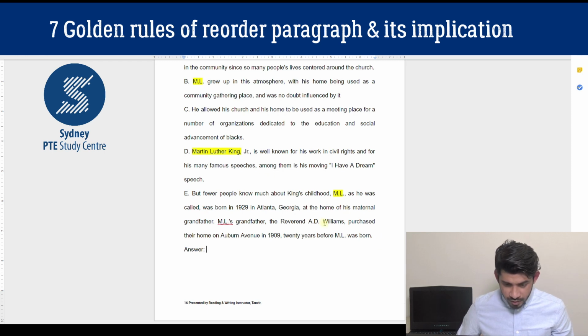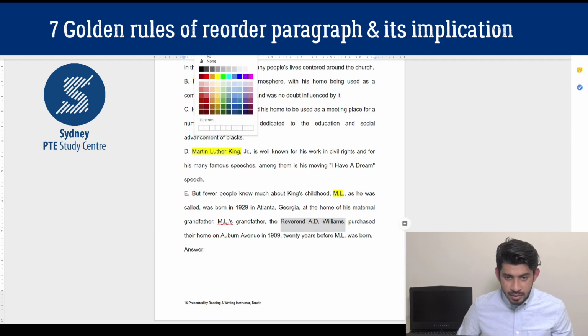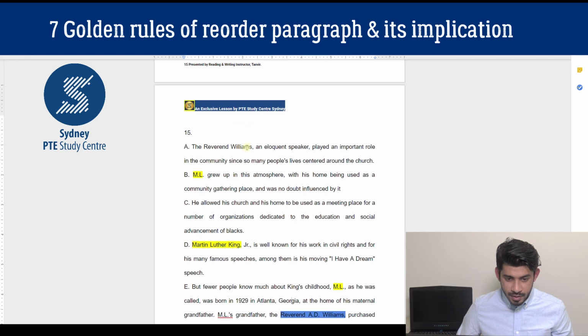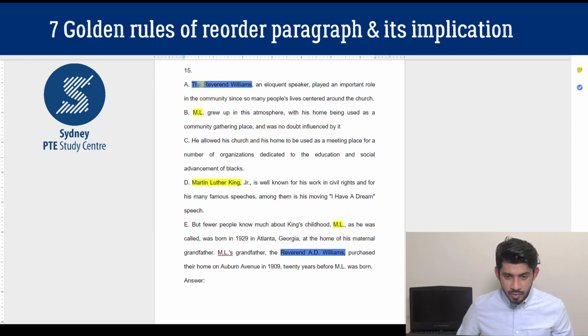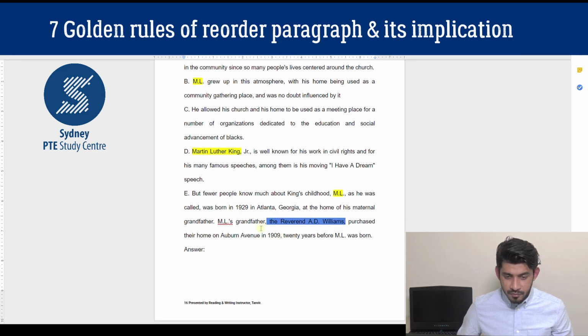Before I give you the answer, you can see that the same name has come again: Reverend A.D. Williams, right? So I can highlight that name and that name as well. Now ask yourself, this man, the Reverend Williams, he's been introduced in number E first, right?